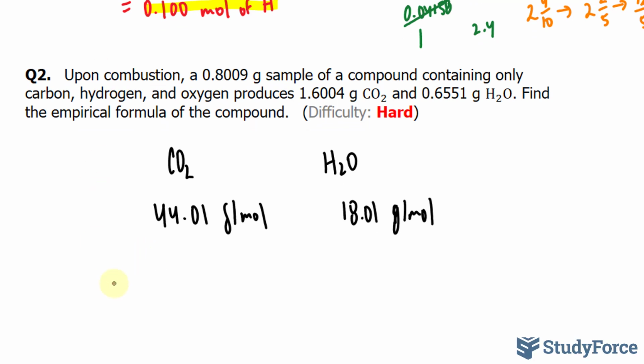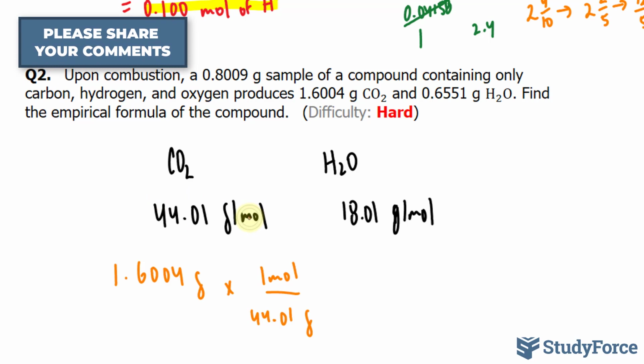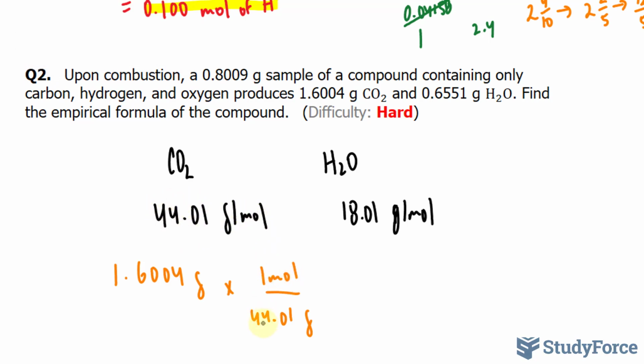I'll take 1.6004 grams and multiply it by 1 mole over 44.01 grams. Notice that originally the moles were at the bottom, but I put it at the top and I place the grams at the bottom. You can do that for any number that is a rate. Technically, this is a rate because we have one unit over another, so you can flip it as you wish.